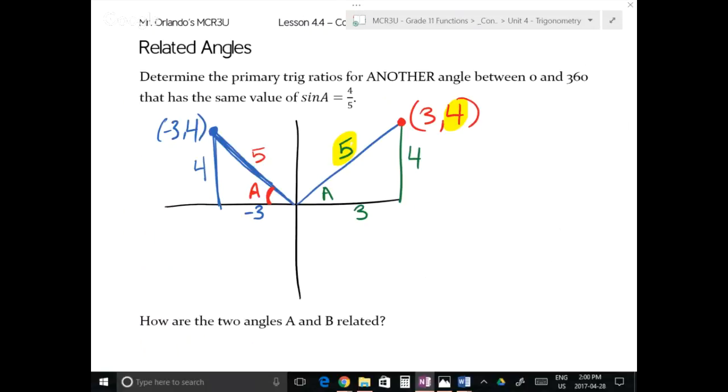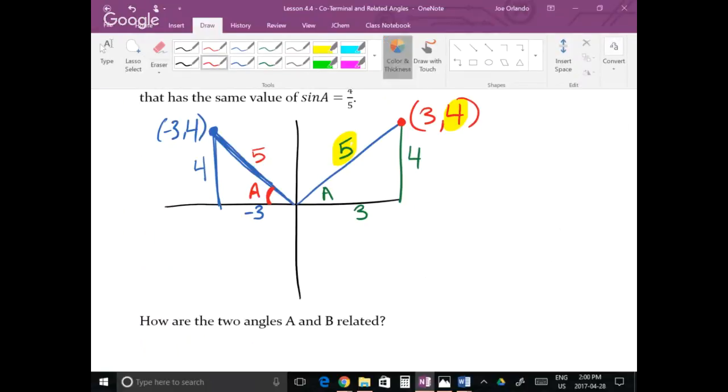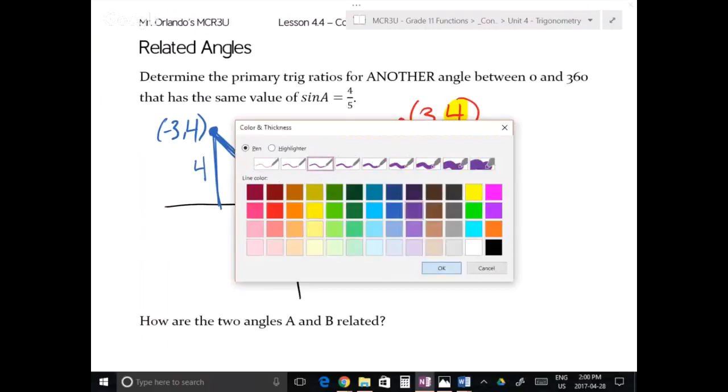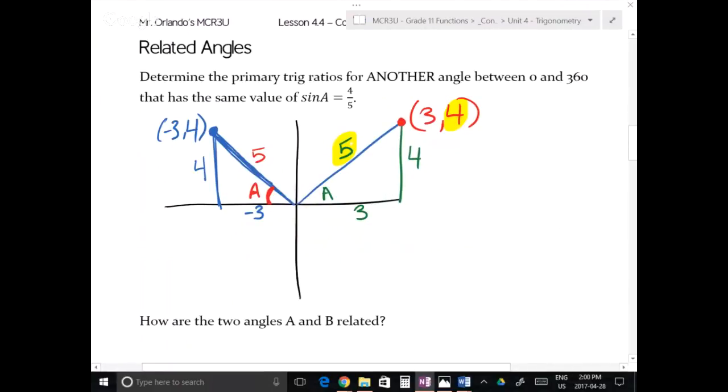Cool. But let's keep in mind, how do we actually measure the angle to this line? Where do we always have to start when we plot angles? We have to start here and go across, right? So if we went all the way to this flat line, how many degrees would this be?